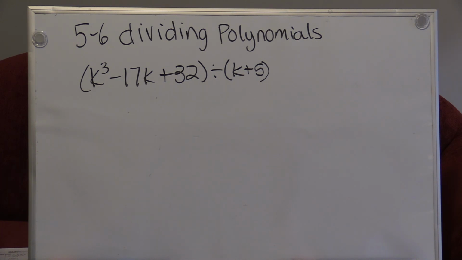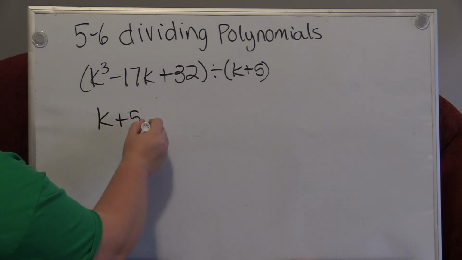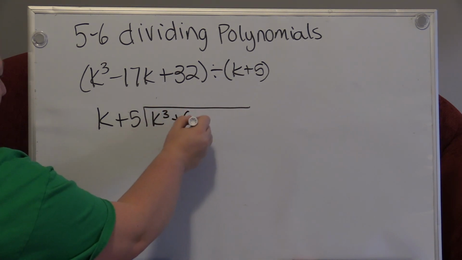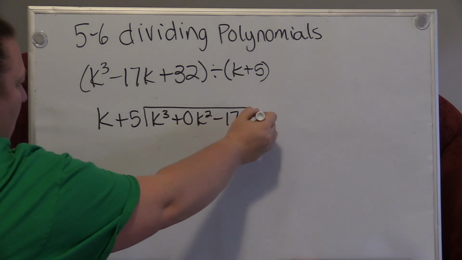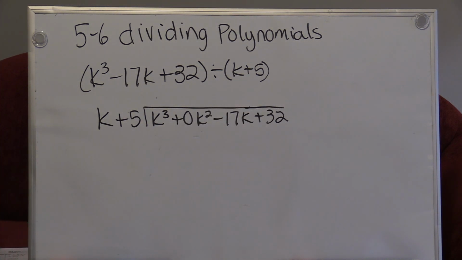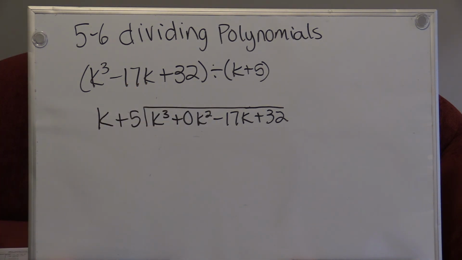What am I going to do? I'm going to need to use a placeholder. So I get k cubed, but I have 0 k squareds. Now, notice that this and this are equivalent because I have 0k squareds.